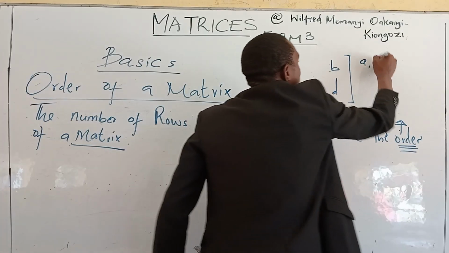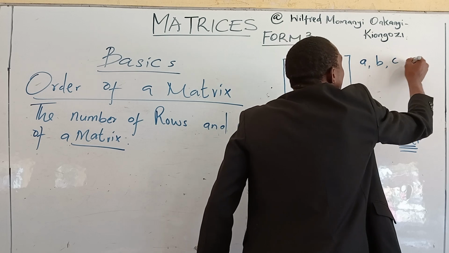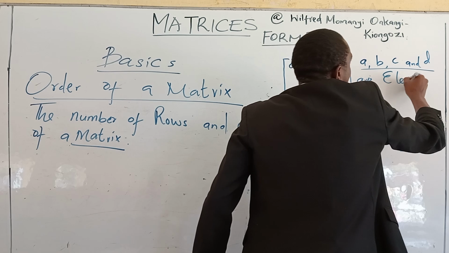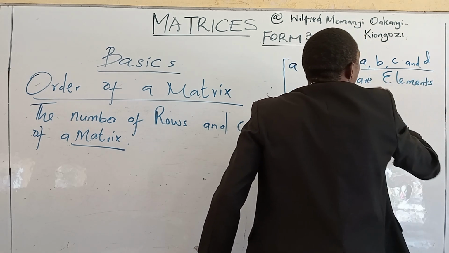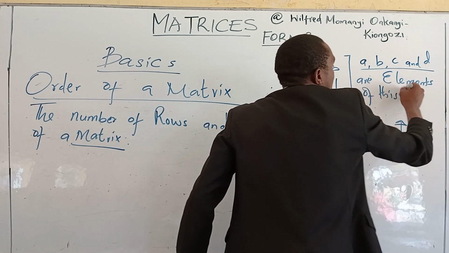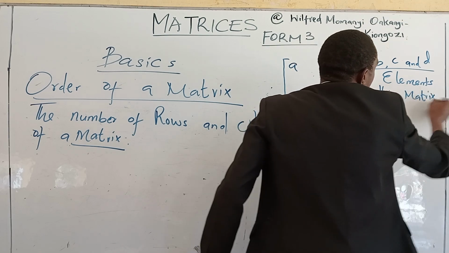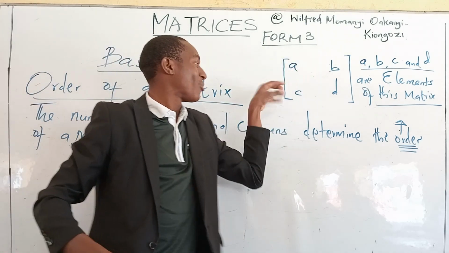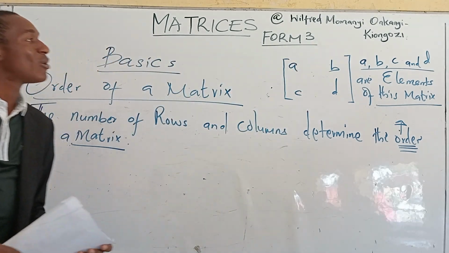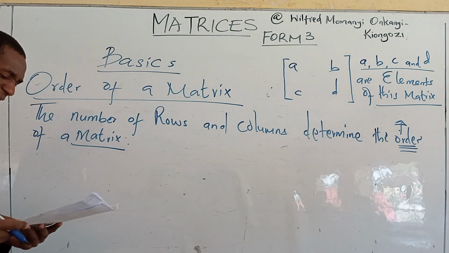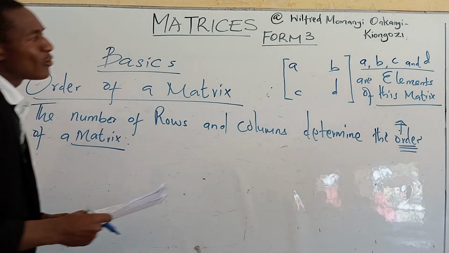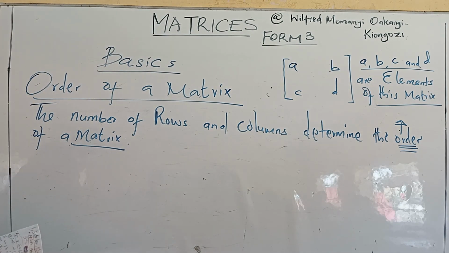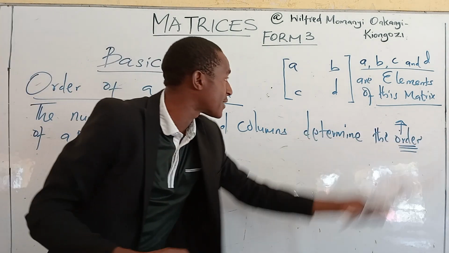A, B, C, and D are elements of this matrix. So these are elements, and the positioning of these elements will determine the kind of matrix that you have. I want to take you back to the rows and columns before we talk about the types of matrices.